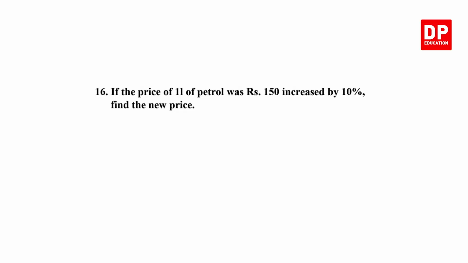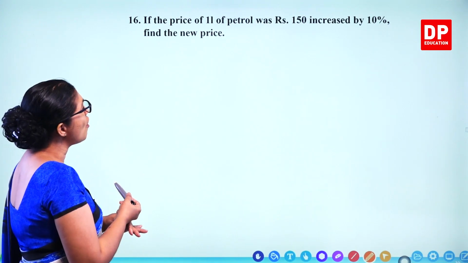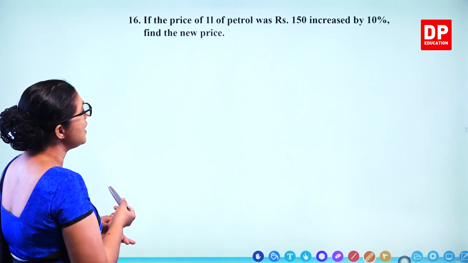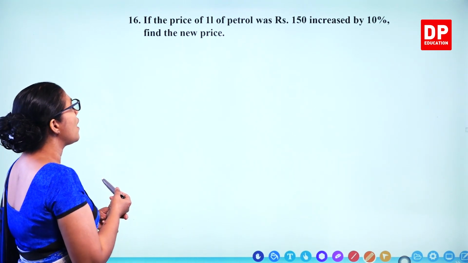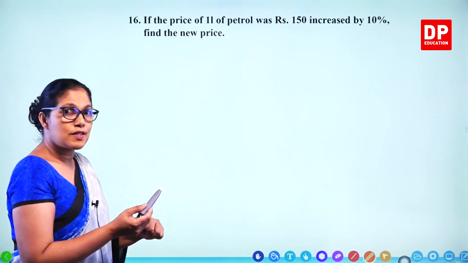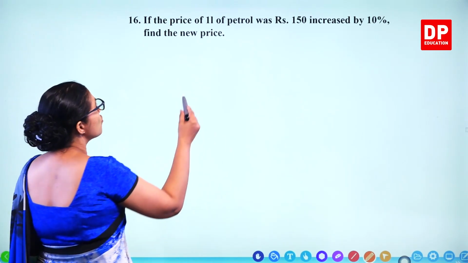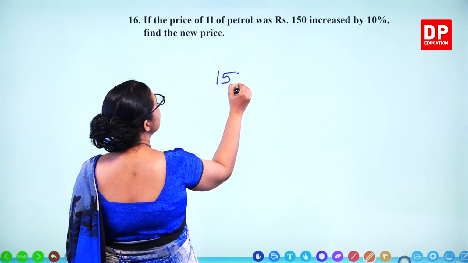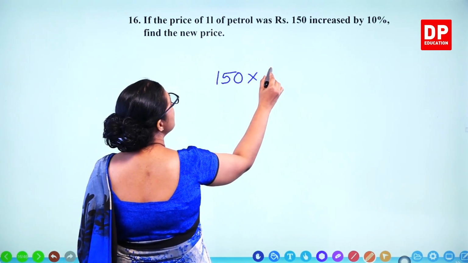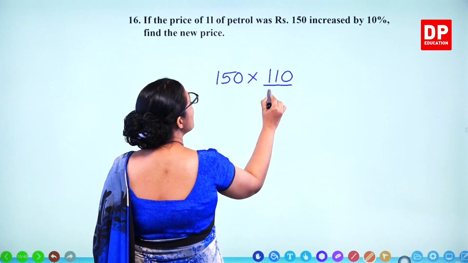Question number 16. If the price of 1 liter of petrol was 150, increased by 10%, find the new price. If it's 100, increased by 10% means 110. So if it's 150, what happens? You multiply by 110 over 100.